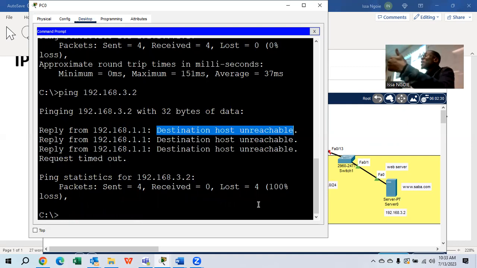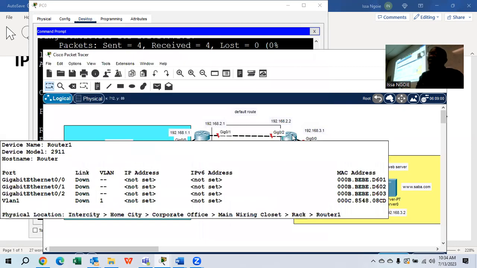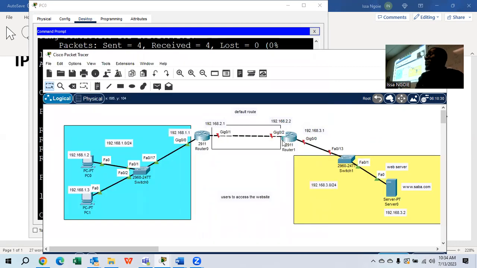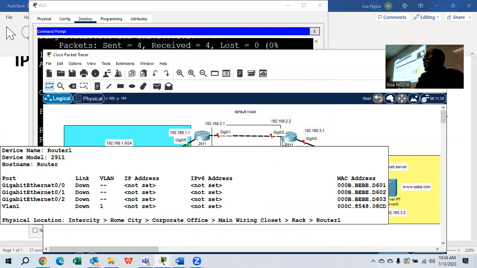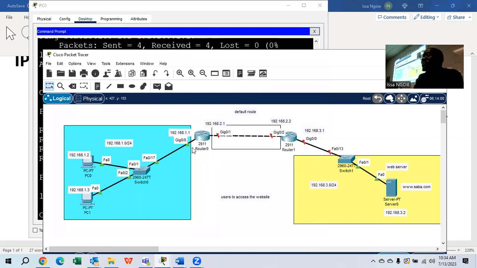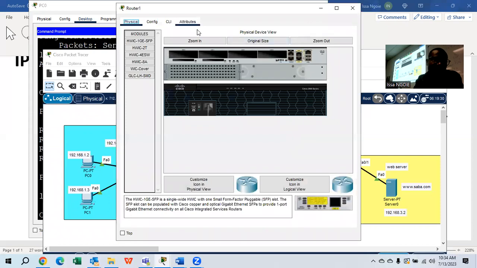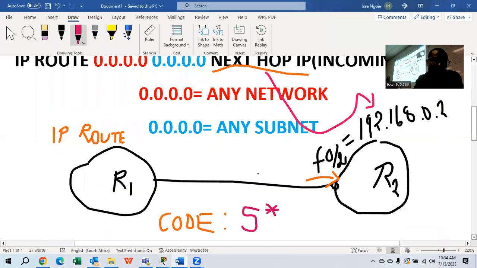So my own router doesn't know how to reach other networks, right? But if maybe the problem was here, you would see the reply come from the second router. But in this case, the reply is coming from the same router. Now what we're gonna do, let's go to the second router, right? We are going to assign it a default gateway.